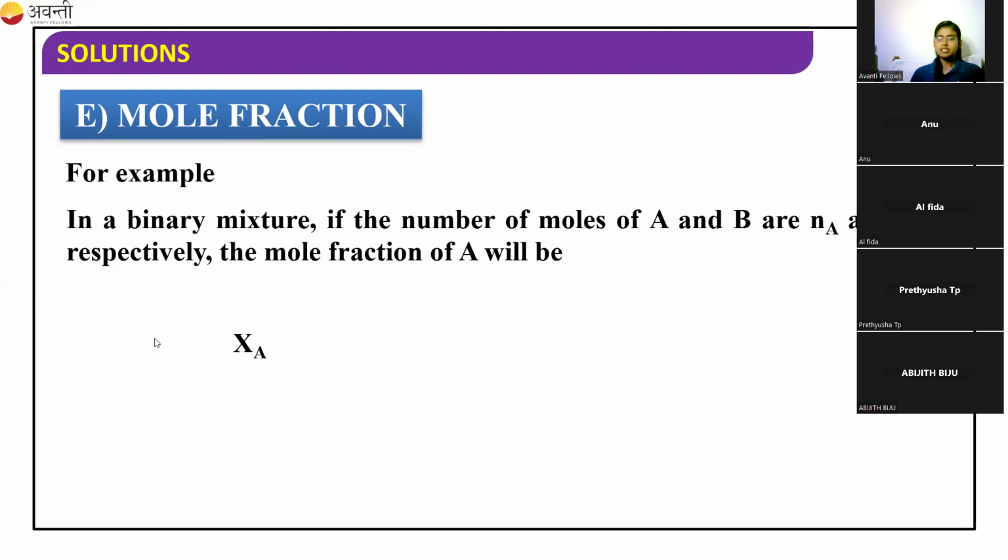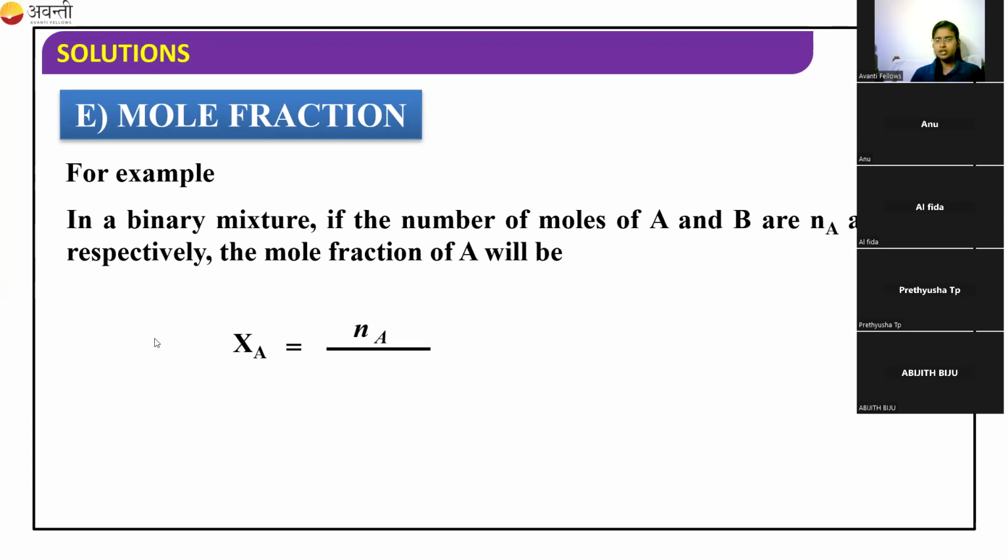In a binary mixture, meaning only two components in a solution, I'm taking the two components as A and B. If the numbers of moles of A and B are Na and Nb, then the mole fraction of A, denoted Xa, will be equal to the number of moles of that component, Na, divided by the total number of moles of all components.